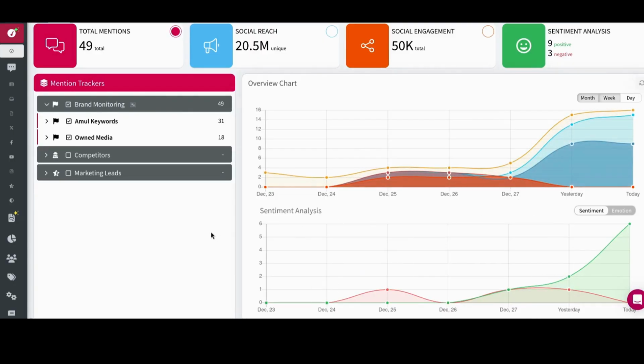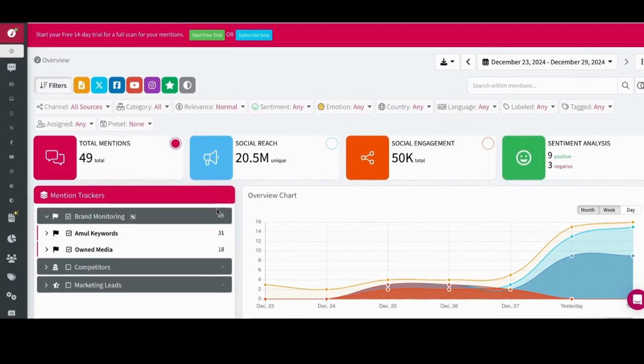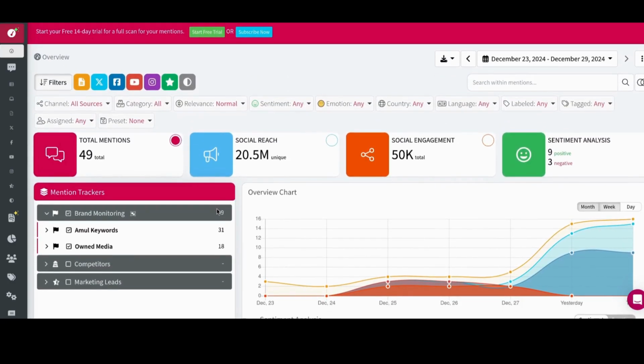Here's the Mentionlytics dashboard for Amul. At a glance, you can see the key performance metrics and track your brand's social media mentions. Below the overview, you'll find a list of powerful tools designed to optimize your monitoring experience.